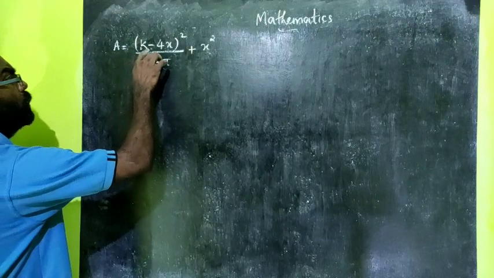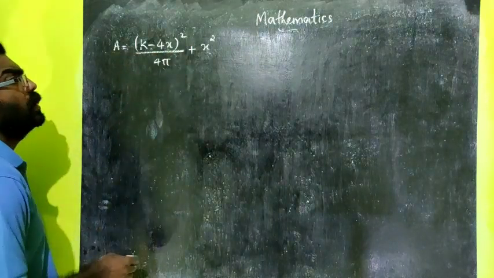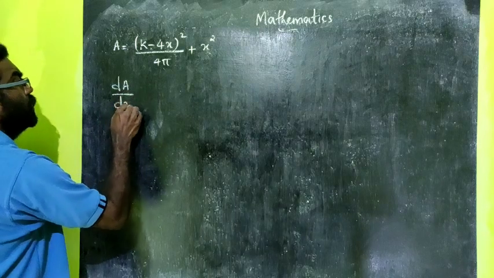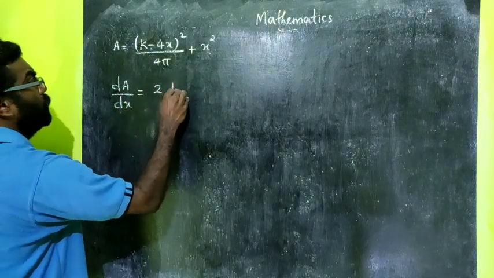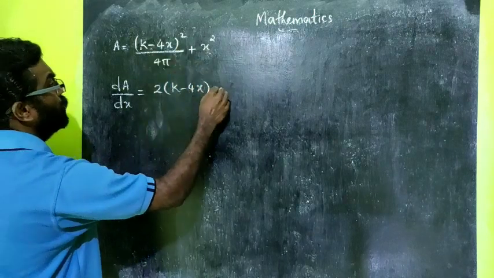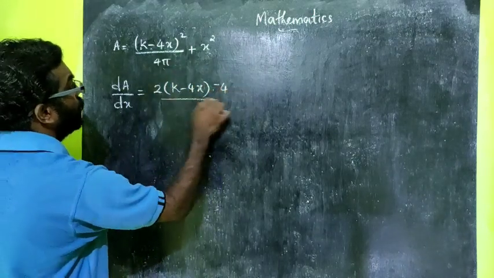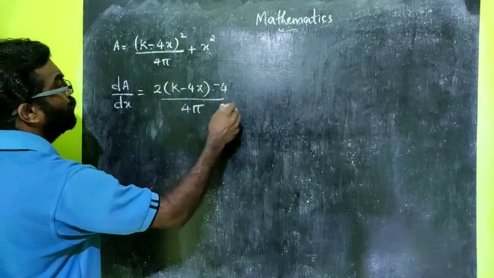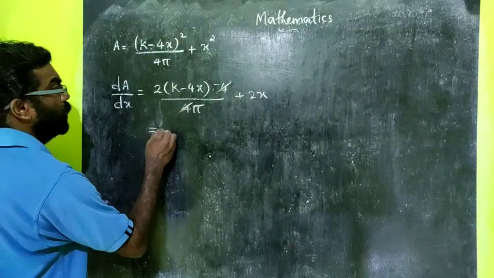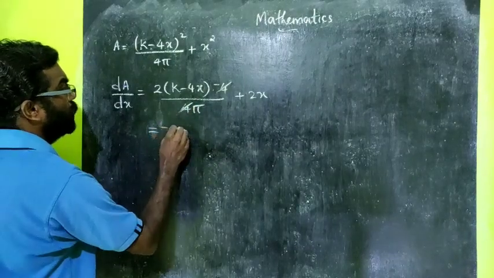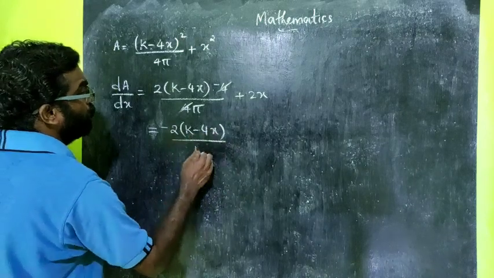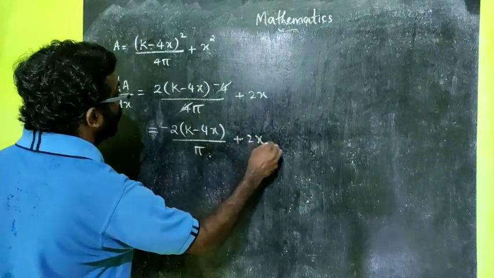Here A is equal to (k minus 4x) the whole squared by 4π plus x². Now dA by dx is equal to 2 into (k minus 4x) into the derivative of (k minus 4x), which is minus 4, divided by 4π, then plus 2x. This 4 and 4 we can cancel. So this is equal to minus 2 into (k minus 4x) by π, then plus 2x.